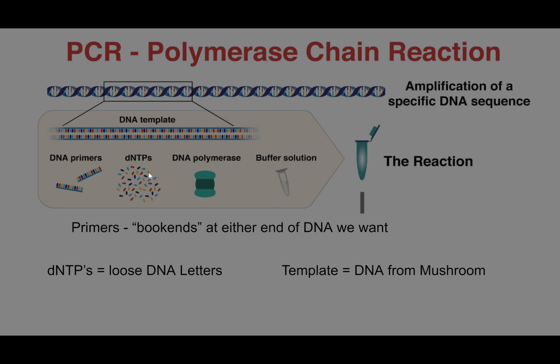Then we need dNTPs. These are the building blocks, the individual nucleotides. An enzyme, that's the Taq polymerase, and a buffer solution that keeps the pH of this reaction fairly constant.